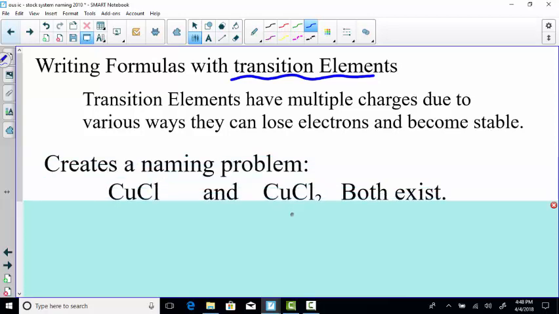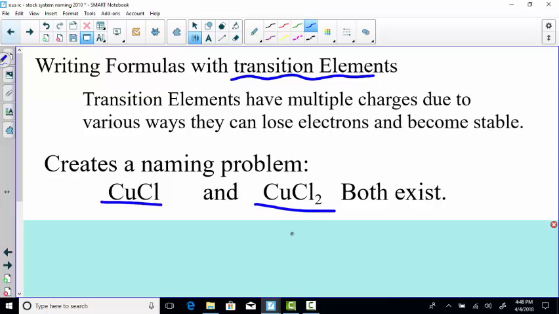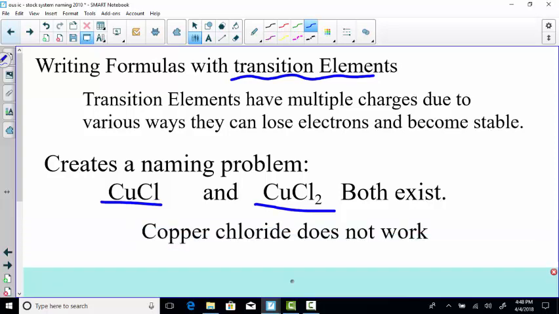That creates a problem: both of these compounds, CuCl and CuCl2, exist, but under our current naming system, we only have one way to name these. Calling these both copper chloride does not work because they are two completely different compounds with completely different physical and chemical properties. So we need another naming system.